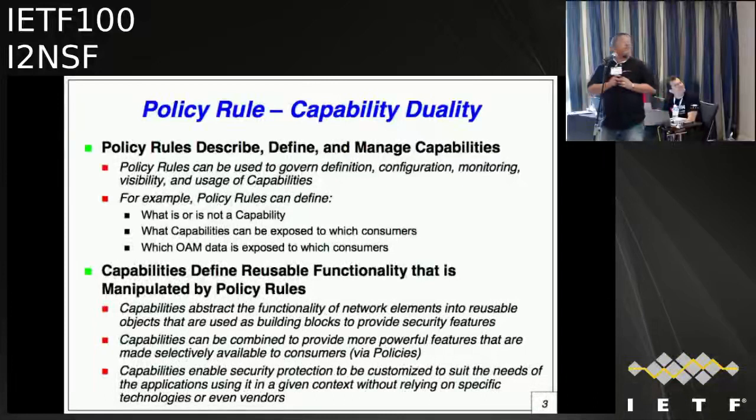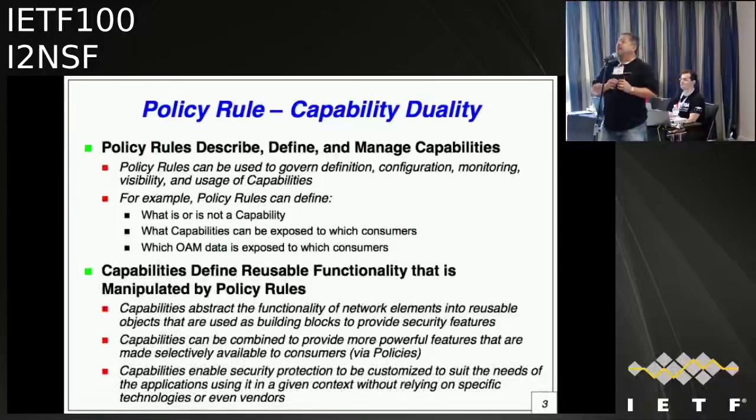There's a duality, however, between capabilities and policies. Capabilities describe functionality. Policies can be used to manage that functionality. They can be used to define a new capability. They can be used to combine different capabilities.